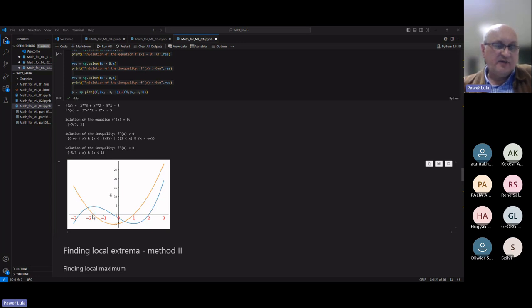It means that the function changes its character from increasing to decreasing. If the function changes its character from increasing to decreasing, it means that at this point, this function has a maximum value. And of course, it is a local maximum.